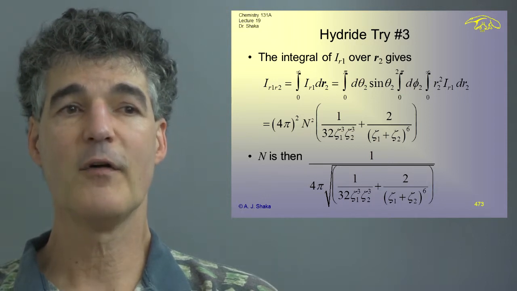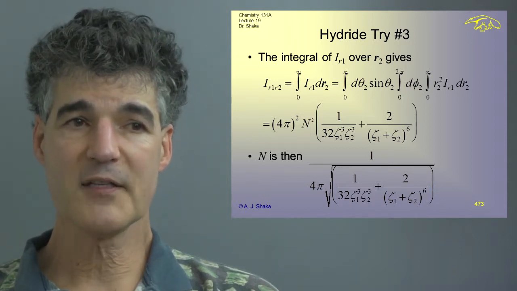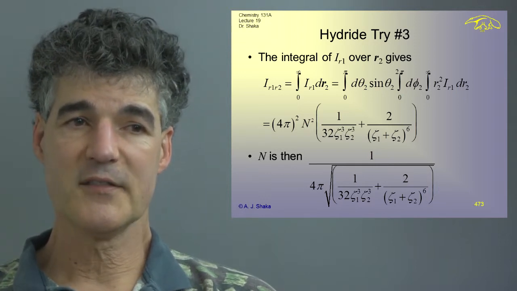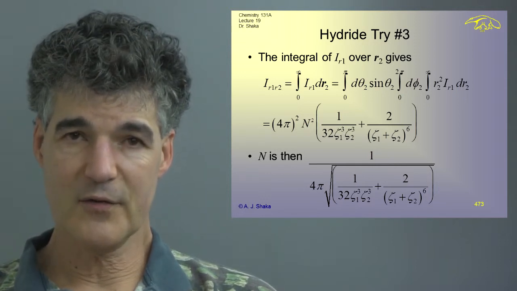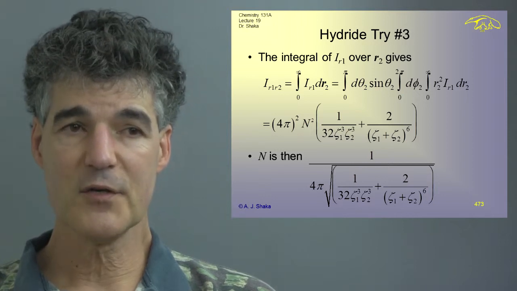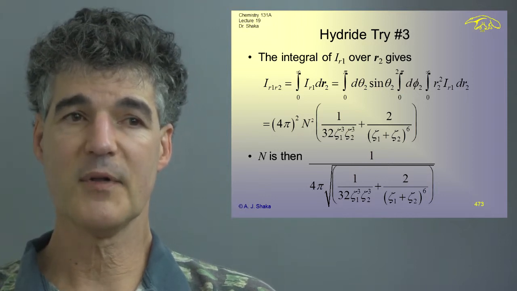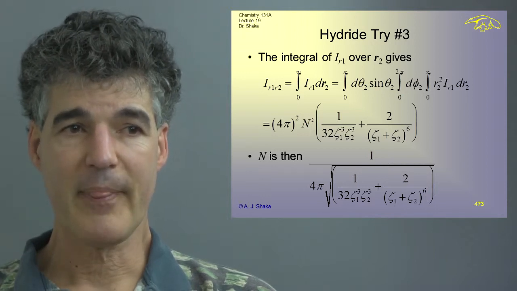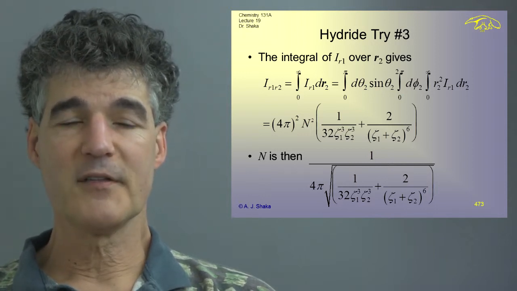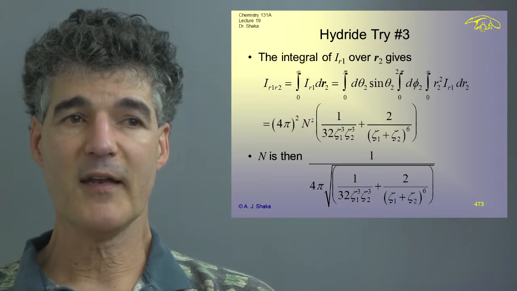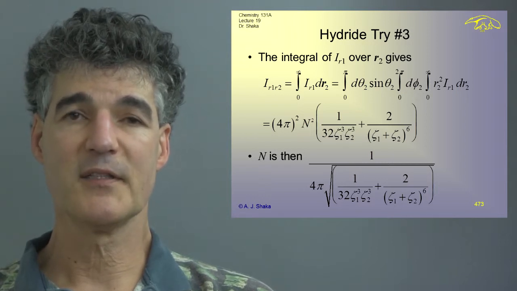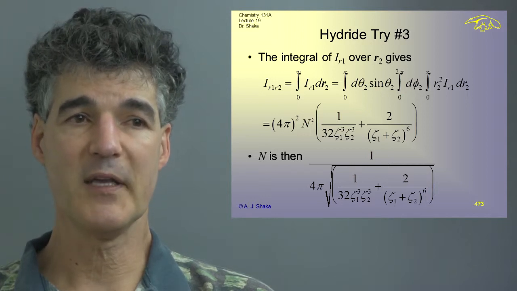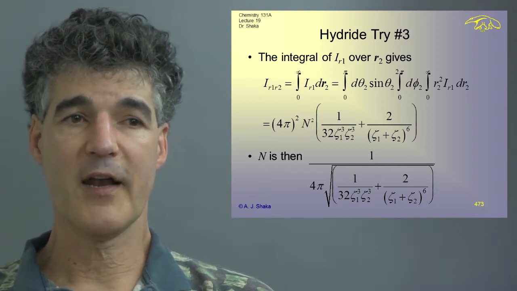We end up now with 4 pi squared n squared times 1 over 32 zeta 1 cubed, zeta 2 cubed, plus 2 over quantity zeta 1 plus zeta 2 to the 6th. And therefore, we can solve that for n. We want that integral to be 1, because that's what normalization means. And therefore, n has to be 1 over all that other stuff.